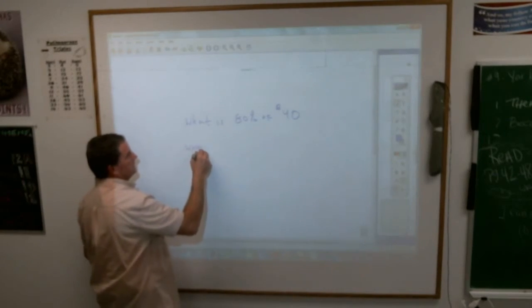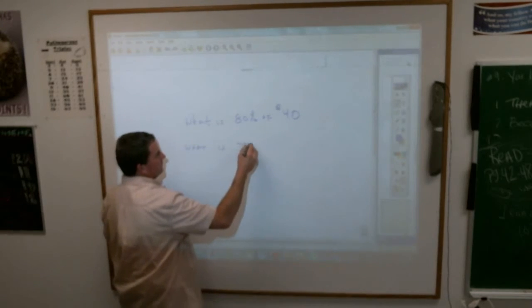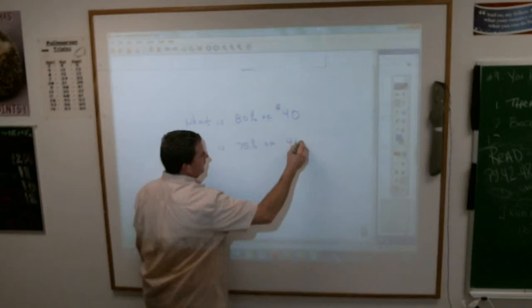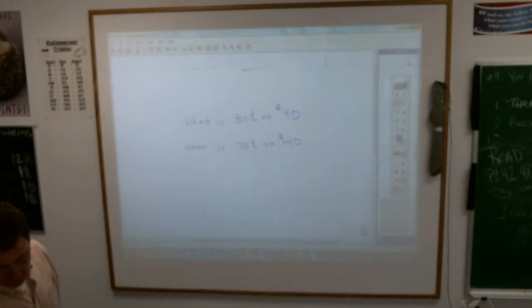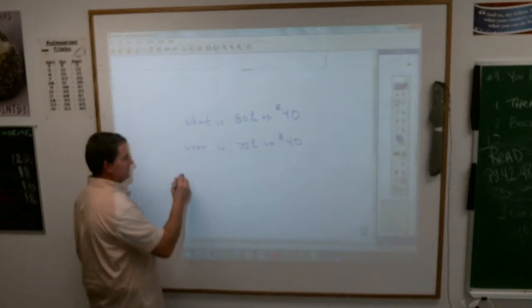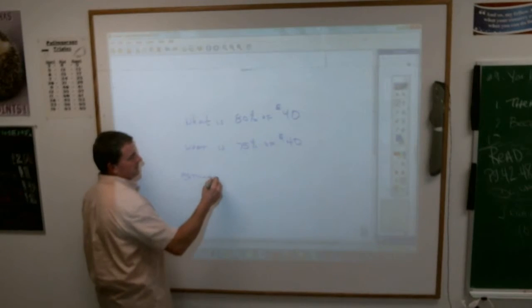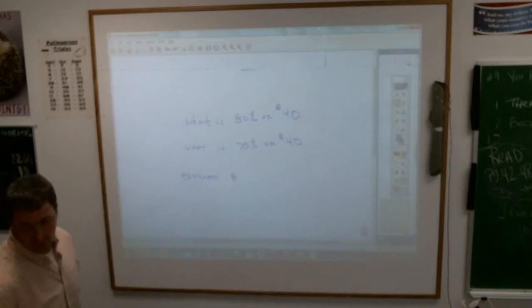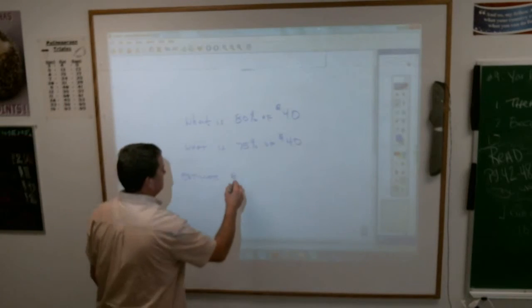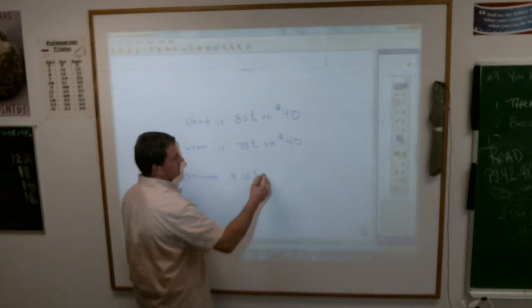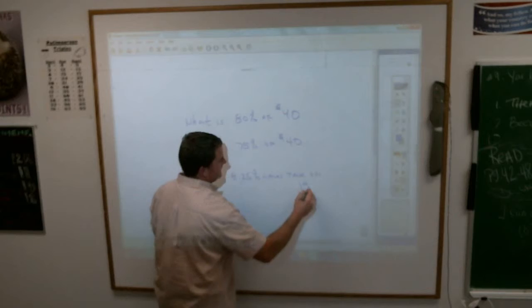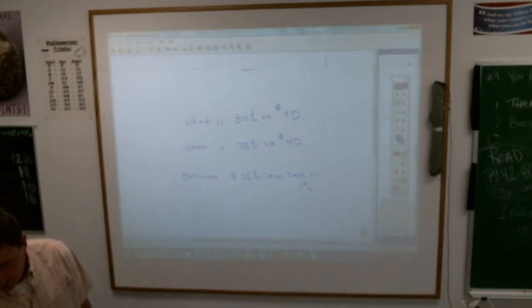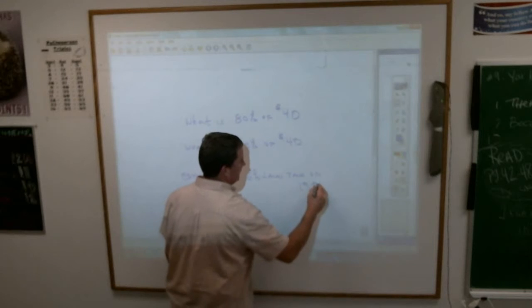What is 75% of $40? And estimate 8.25% sales tax on $19.95.